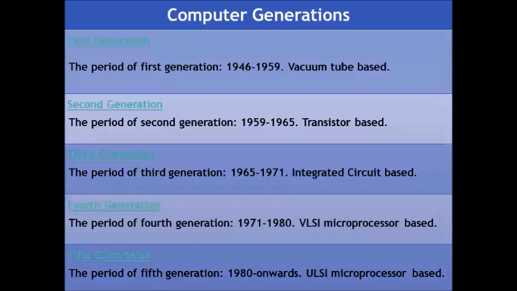The fifth generation, the ongoing generation, the computers which got developed from 1980 onwards, and the technology which was used to make the main processing component of the computer is ULSI microprocessor. Now let's discuss all these generations in a little detail.